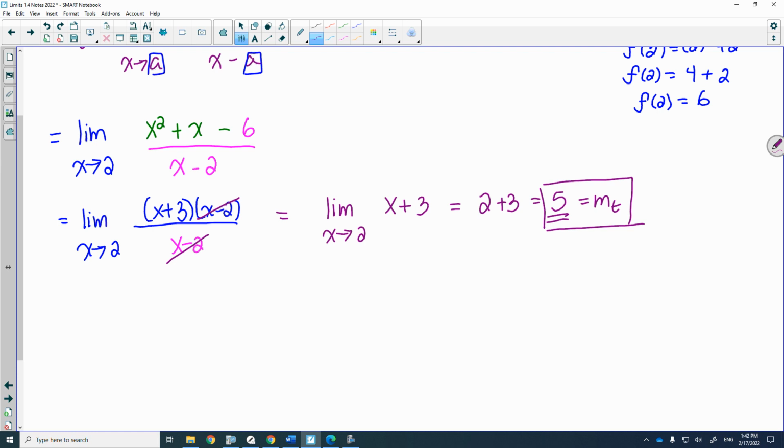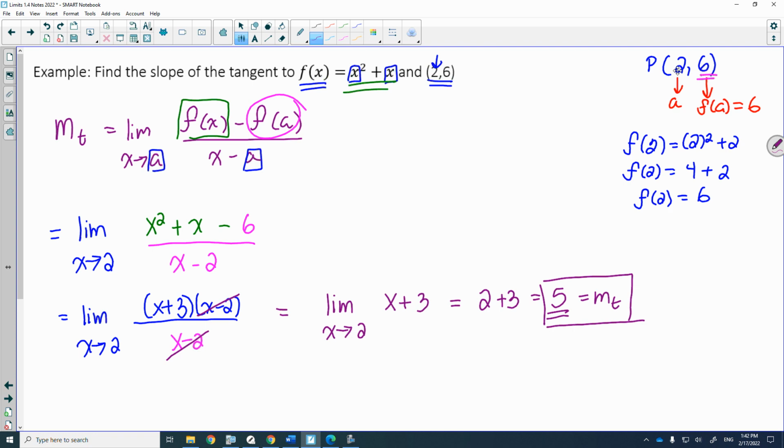If they asked then to find the equation of the tangent line going through that point, remember the equation of the tangent line would be y minus y1 is equal to the slope times x minus x1. So that would be y minus 6 is equal to the slope, which we just calculated is 5, and then x minus 2. Then you would distribute in your 5 here.